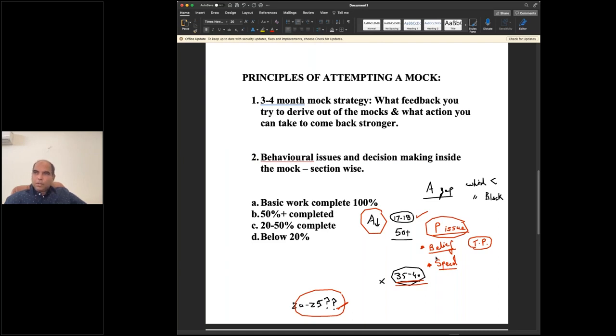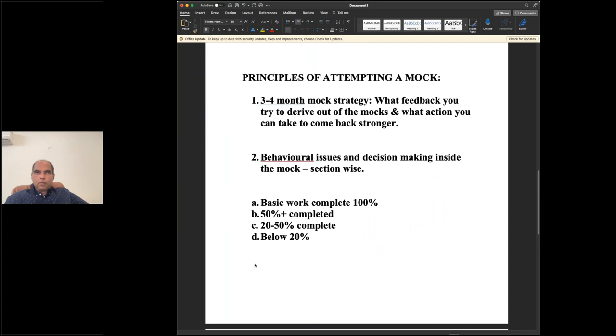So if your issue is here, then it's very easy to understand there's an ability gap. You go and think about which chapter, which block. The logic of sorting out the ability gap is very straight and simple. I'll talk about how to work on ability, and I'll take personal questions a little bit later.